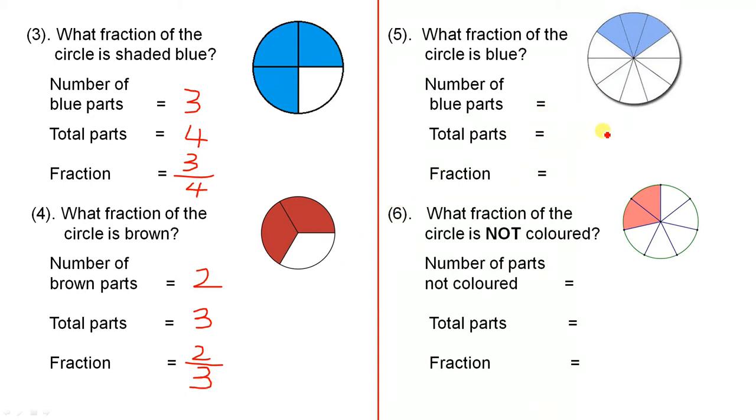What fraction of the circle is blue? So the number of blue parts, 1, 2, 3, easy to see. The total parts, 1, 2, 3, 4, 5, 6, 7, 8, 9, 10. So there are 10 parts altogether. So the fraction of the circle shaded blue will be 3 over 10.